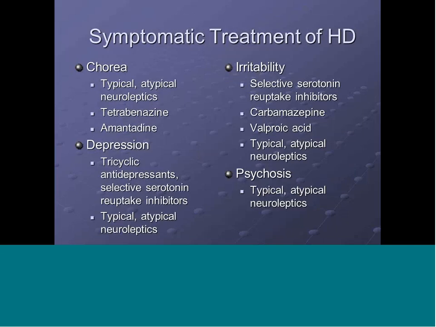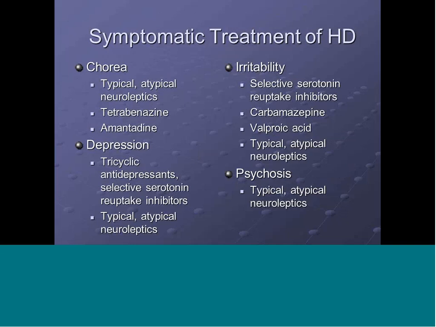As far as treatment of Huntington's disease, chorea is the most bothersome or troublesome motor complication, and is usually treated with medicines like amantadine, and if that fails, then tetrabenazine is very effective. It's the only drug approved here for chorea control.